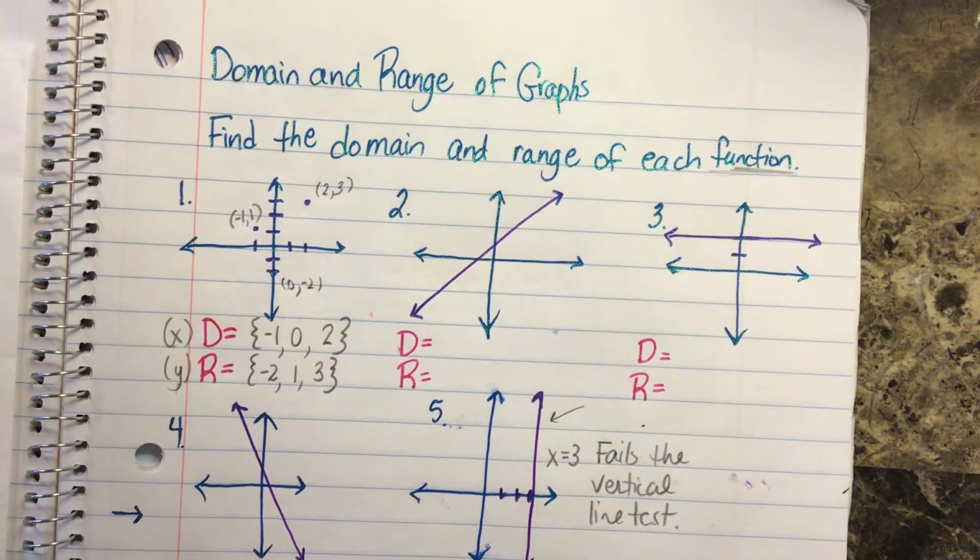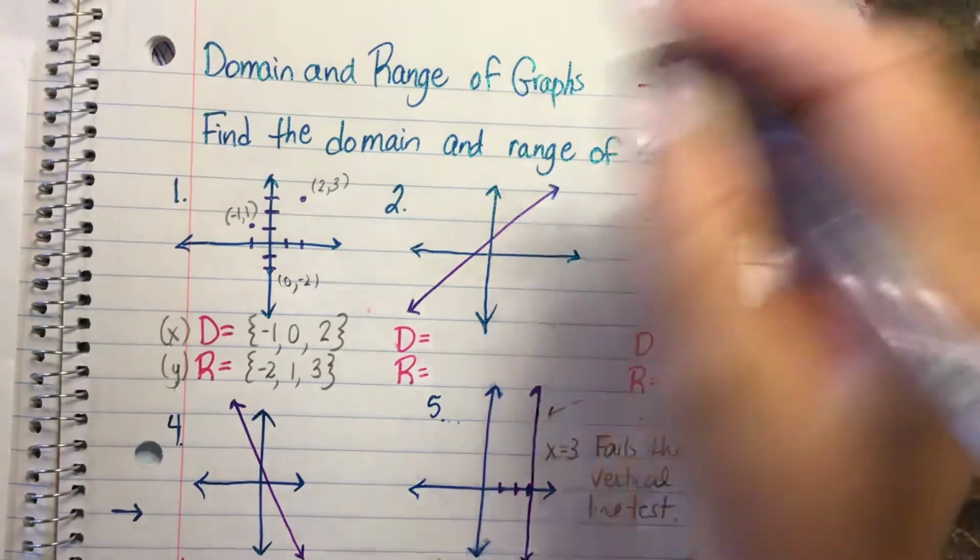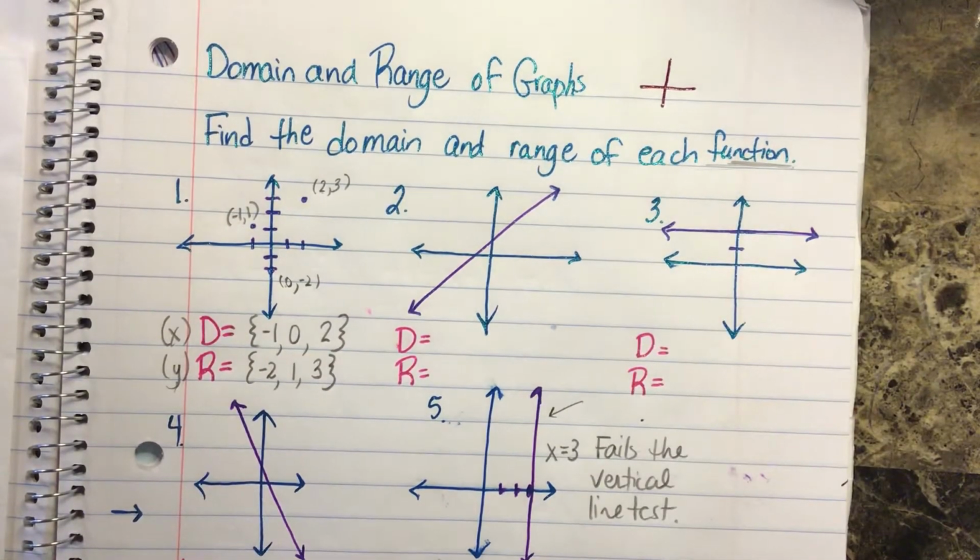Now, the video that I provided shows you graphs of functions that look like this. Let me show you one. So there's my x and y plane, my coordinate plane.